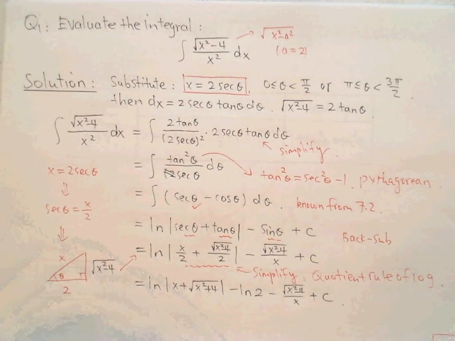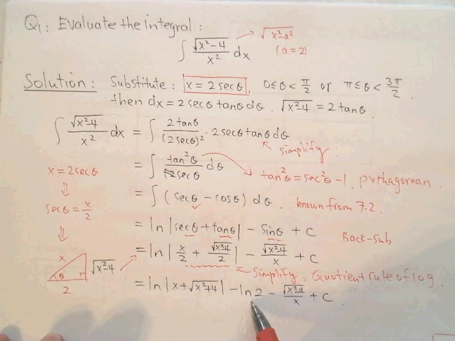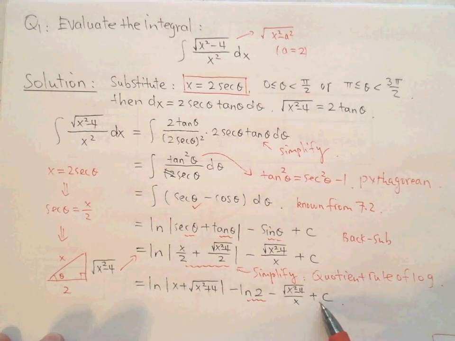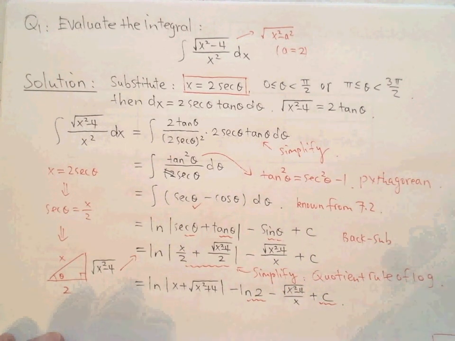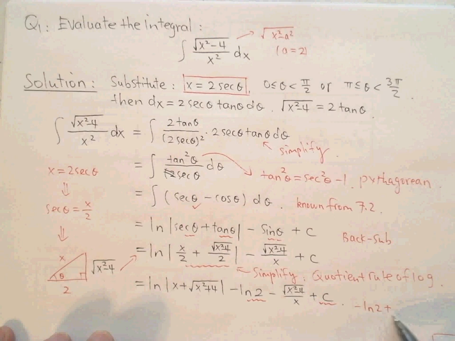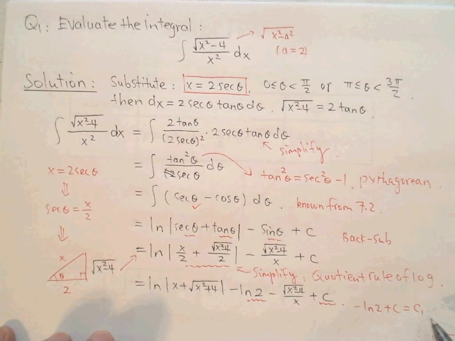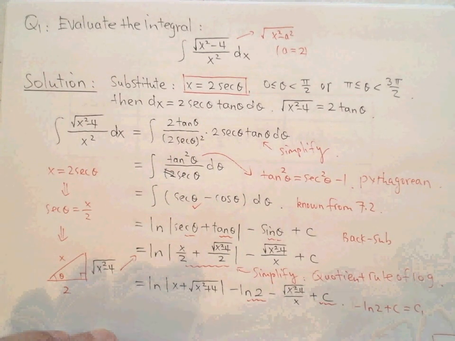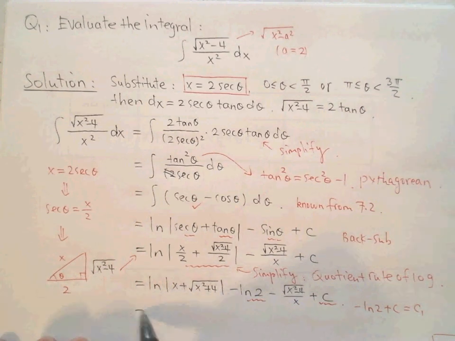Don't stop. Exactly now we can merge these constant terms. These are all constant terms, so we can put them together. Put the negative ln 2 plus c together, that's all the constant, right?